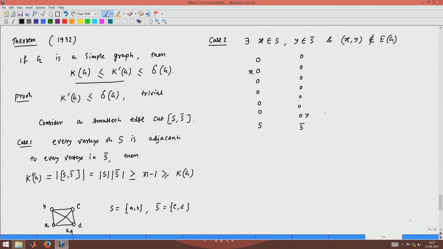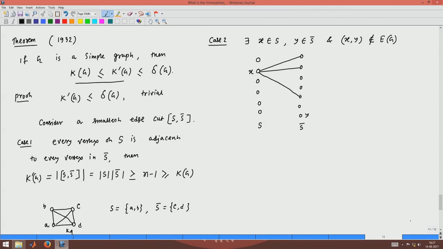So, in order to block all paths between x and y, first I will pick the neighbors of x in S complement.